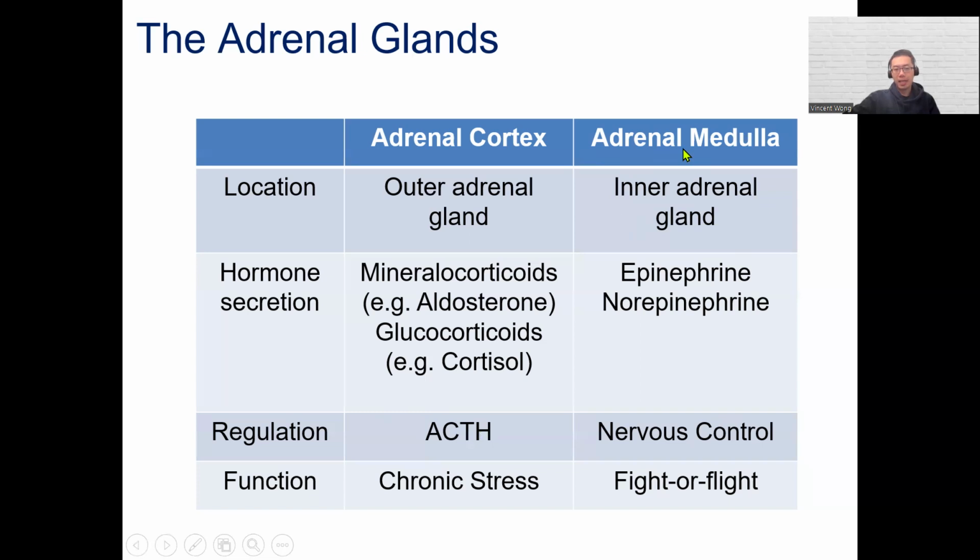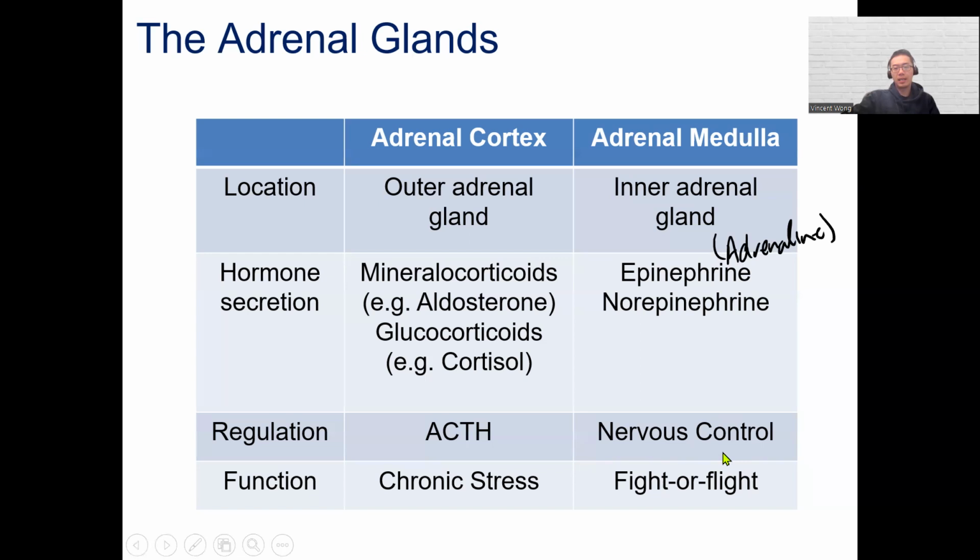The adrenal medulla, the inner portion of the adrenal gland, secretes epinephrine and norepinephrine. They are different hormones, but they have overlapping functions. You probably heard of epinephrine. We talk about the EpiPen, right, in second, third lecture maybe, it's the same thing as adrenaline. Okay, so same thing.